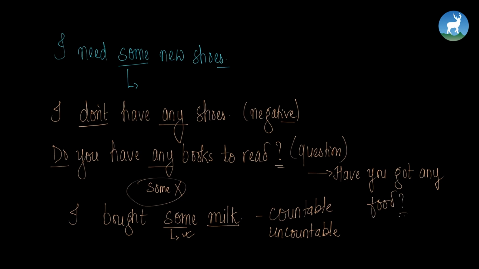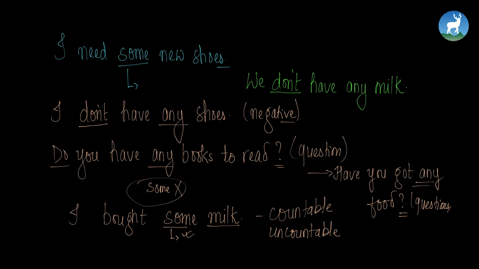Now I'm asking a question here, and so as I had told you, we use any for the question sentences. If it was negative, what would we have written? We would have written, we don't have any milk, right? Here, there's a use of negative word don't, and for negative statements, we always use any. We don't use some, okay? So we use a and an for singular nouns. They should be countables.